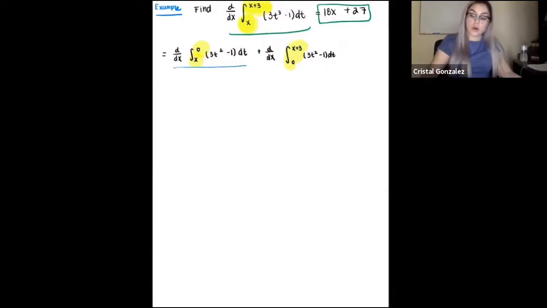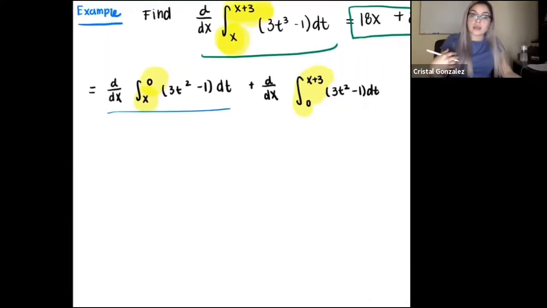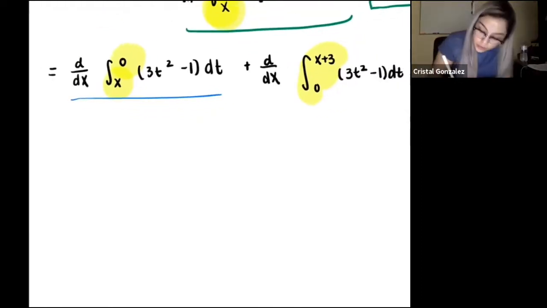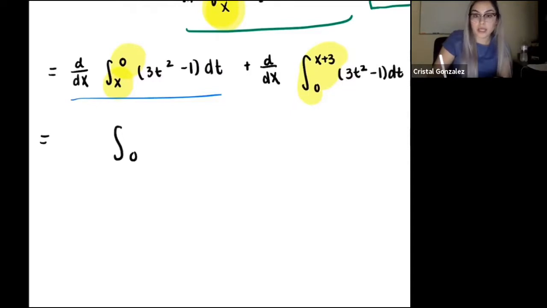Now I want to rewrite this part here so that I can get a constant and then my variable, so that I can apply the fundamental theorem of calculus part 1. In order to do that, recall that when we talked about some of the properties, if we wanted to switch the bounds, we can. It's easy. Instead of going from x to 0, we're going to go from 0 to x.